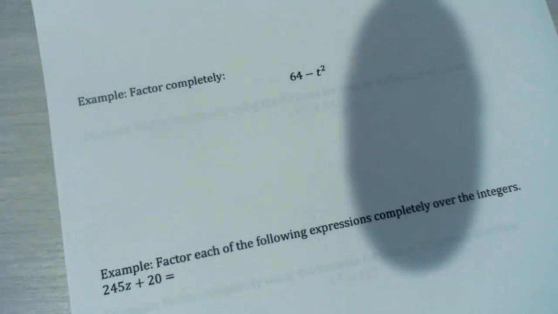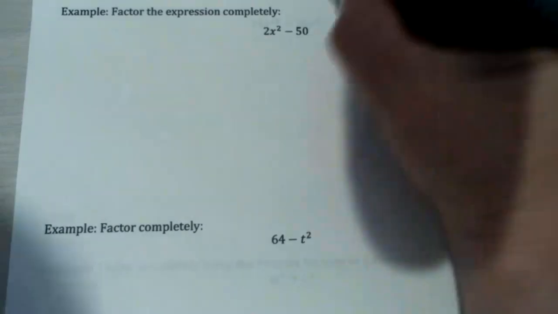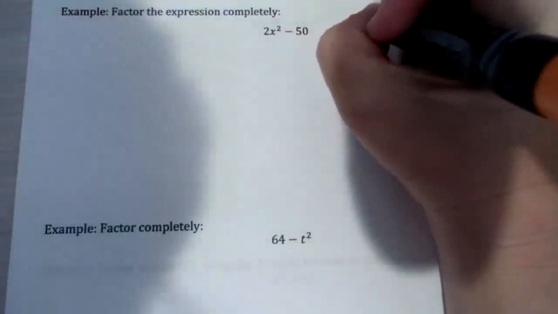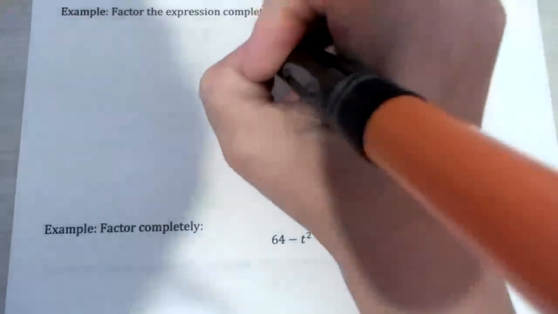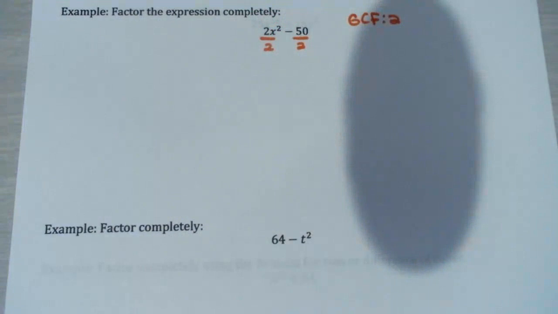All right, let's go to the next page and let's try another example. Factor completely 2x squared minus 50. Our first step in factoring no matter what is GCF. I notice they both have a 2 in common, so let's factor out that GCF of 2. So factoring or dividing out, my dog is snoring, so I'm sorry if you hear that in the background.